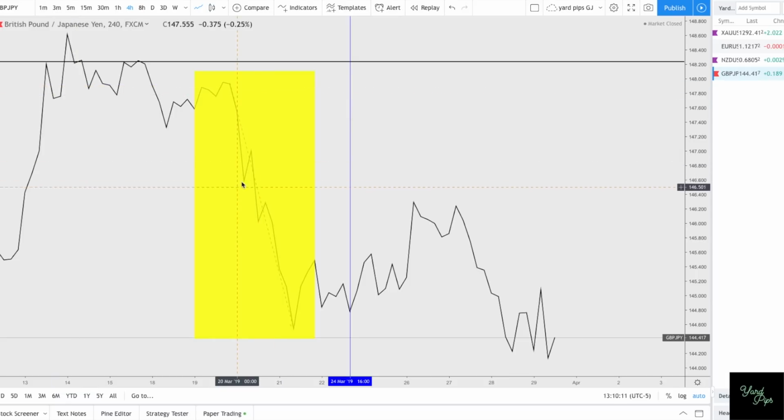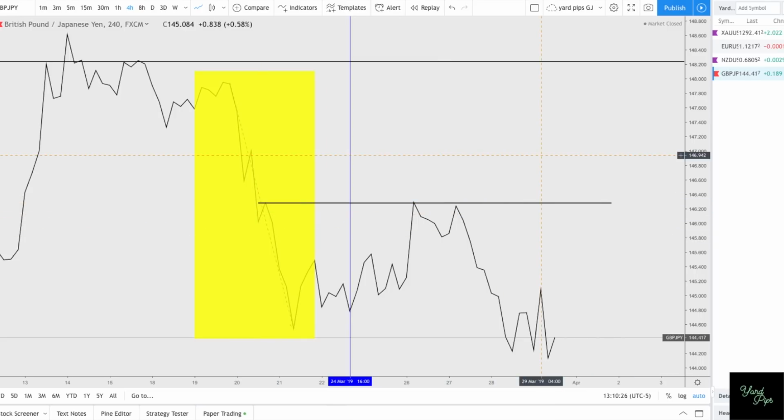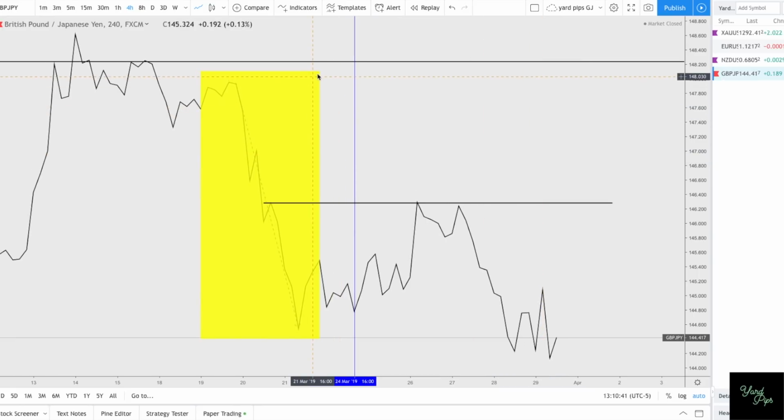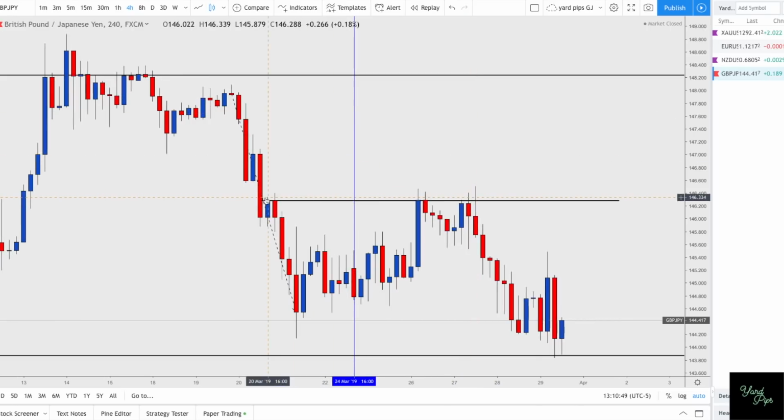So we see the market making lower lows, lower highs, lower lows, lower highs, lower lows, and highs along right there. To trade this from a very technical standpoint in terms of the trend, we need this information, right? So this is the level that we are interested in on the H4 time frame.